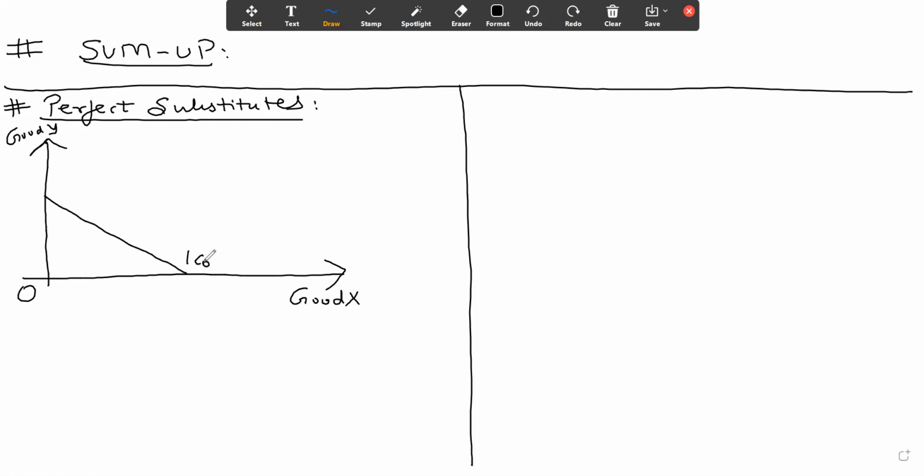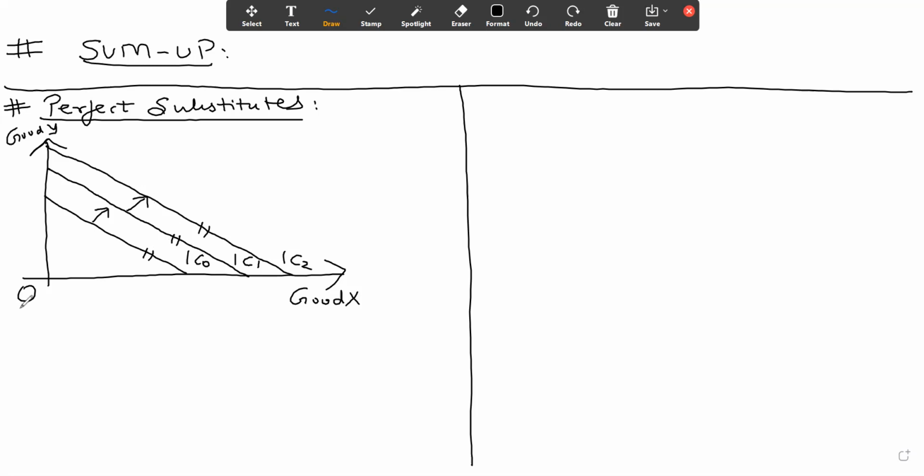They are downward sloping straight lines. And guys, a higher indifference curve represents a higher level of satisfaction. So this is IC1. Then I can have an even higher indifference curve, IC2. All these have the same slope, so they are all parallel to each other.